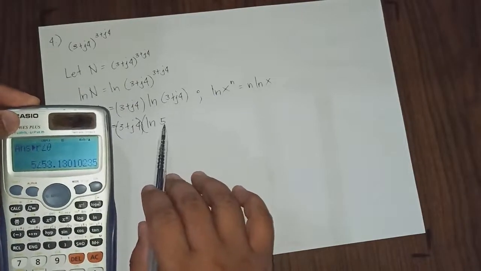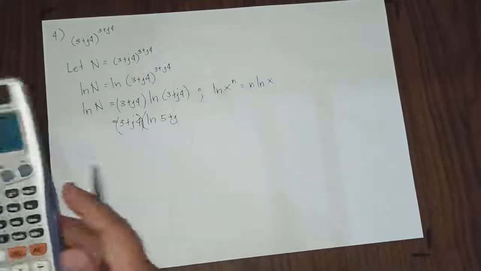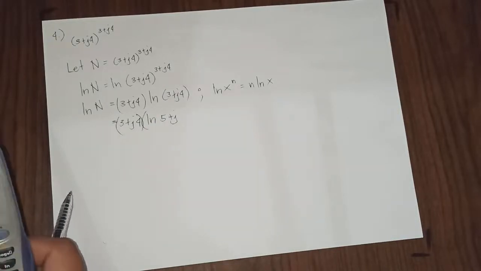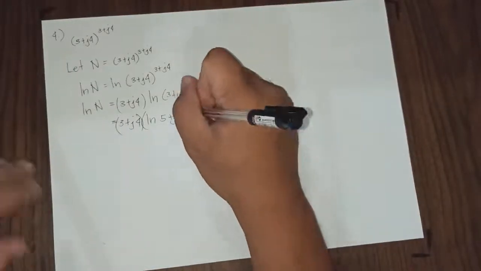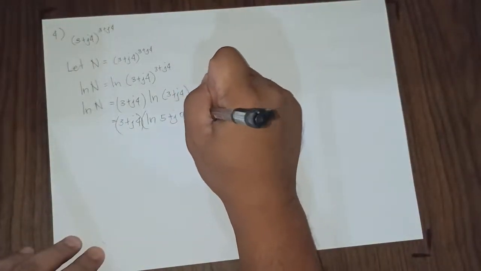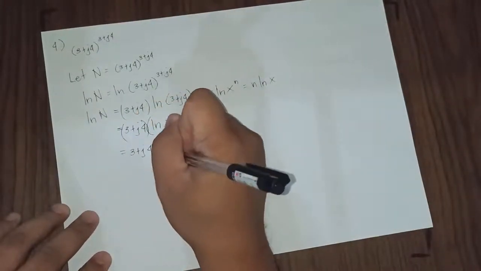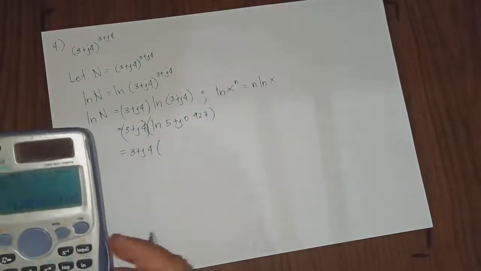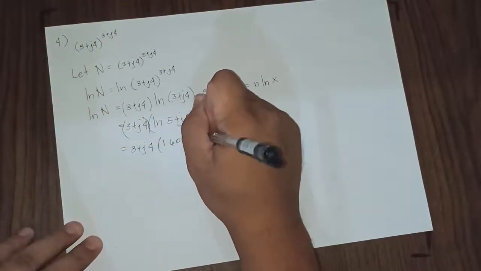So what we need is the 5, and the radian value of the angle: 53.13 times pi over 180, which is 0.927. So that is 3 plus j4 times, what is ln of 5? 1.609, plus j of 0.927.